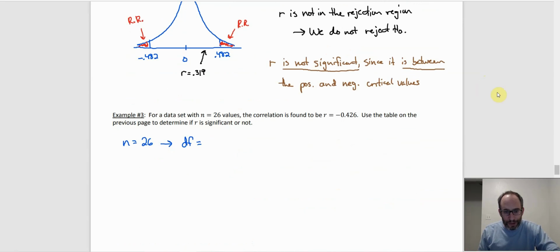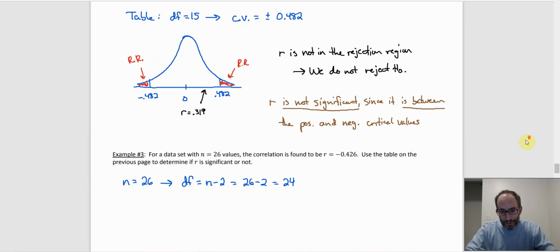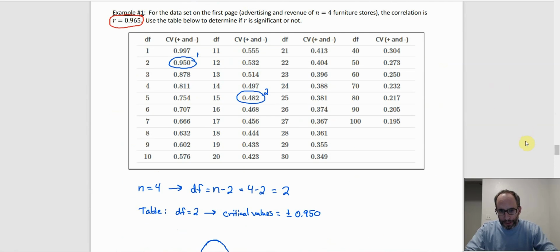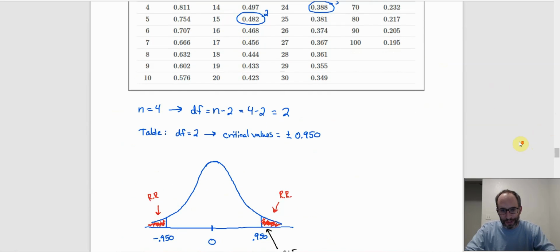Right, so the degrees of freedom is going to be n minus 2, which here is 26 minus 2, which is 24. But then, let's see, then if we go up to the table with 24 degrees of freedom, let's see, then we're going to be right here. So that's number 3, the 0.388. So we need positive and negative 0.388.